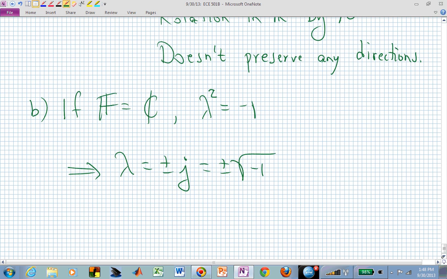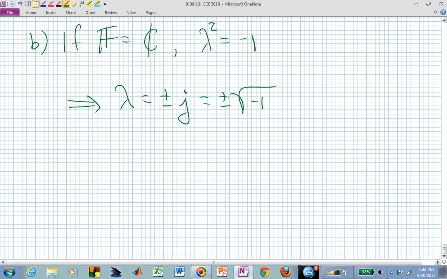That's what the j is symbolically showing. Now that we have these eigenvalues, they're complex, but we can actually build the eigenvectors from those. Suppose now we look at what the eigenvector is when lambda is equal to i.